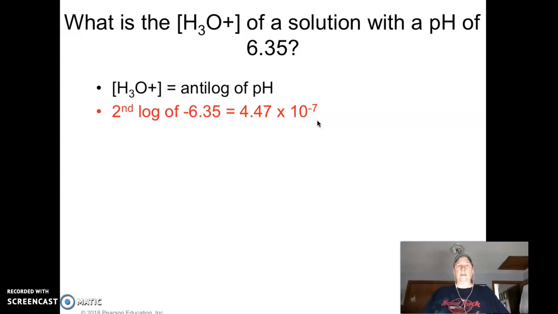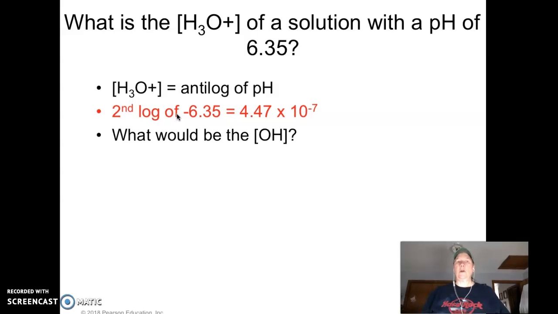Oh, there it is. So if you're going to solve these with, I just have a Texas Instruments simple calculator, it's probably easy on a graphing calculator, but I'm pretty sure with graphing calculators you have to do second log and then the number. On these, you have to put the number in and then do second log. But make sure you use the negative, because remember we took the negative out when we did the problems the other way. So you have to put the negative in.